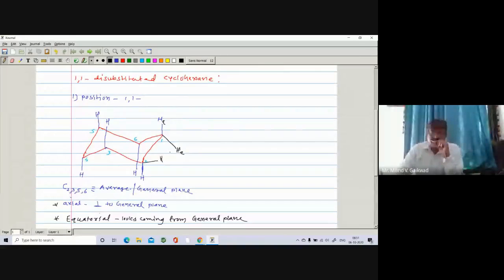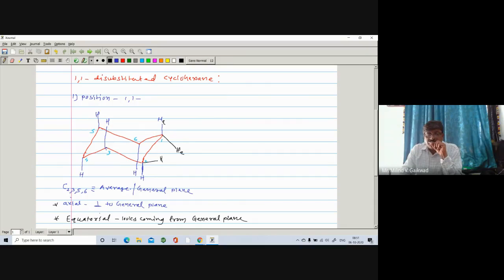Similarly, on carbon number 3, the axial bond will go above the plane, then the equatorial bond will go down the plane. Then you have to draw it parallel to the next adjacent bond.